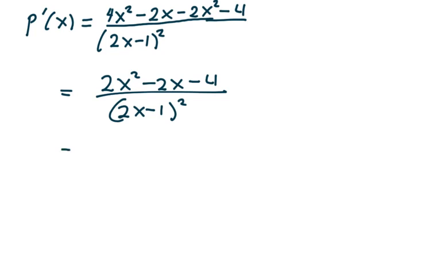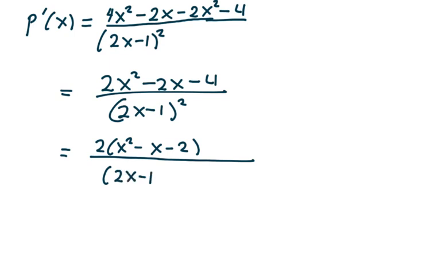All right, I'm going to factor out a 2 from the numerator, and I get x squared minus x minus 2 divided by 2x minus 1 to the second. We have to be careful because I want you to note something.